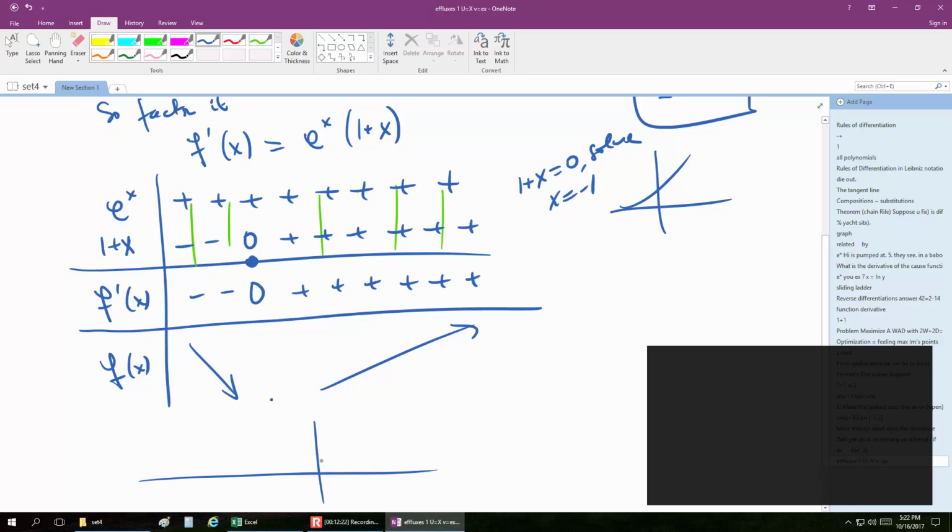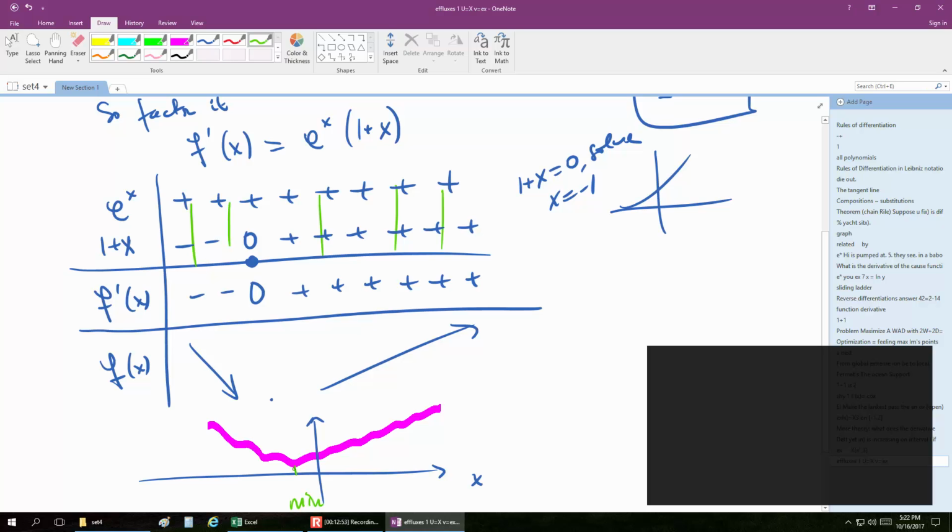Let me do that. So this is x and y. At negative 1 there's a tip. So it might behave like this. There is a monotonicity down and then up. It appears there is a minimum point. Where exactly, we don't know yet, so we would have to substitute the value to find out where that minimum is.